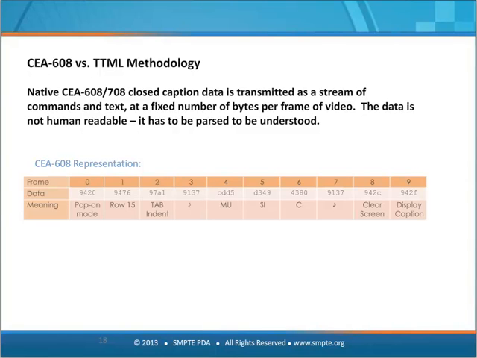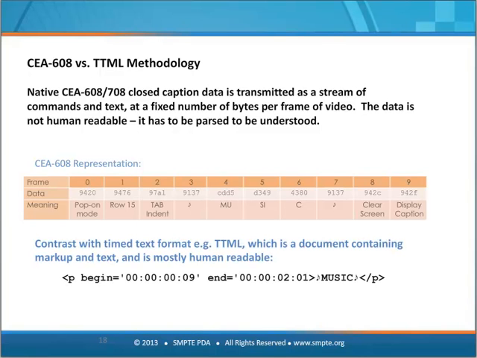So you can see in the representation, some of these data bytes are commands that tell the TV what to do, and some of them are text, what to display. And it's almost like a programming language. To understand how this works, you have to understand the memory model inside the television and things like that. So great for video engineers, not so great for web developers.